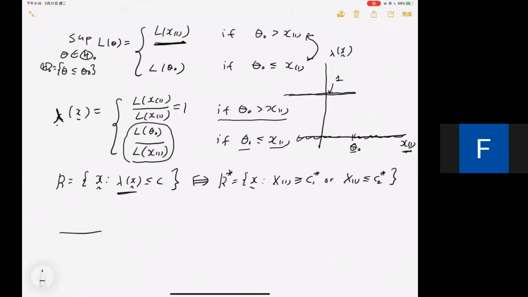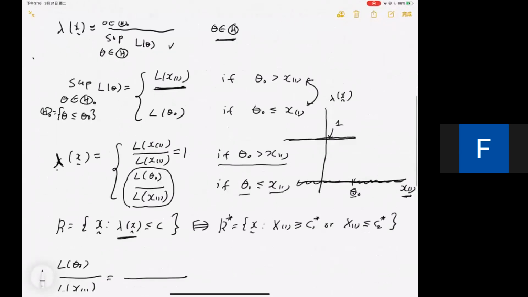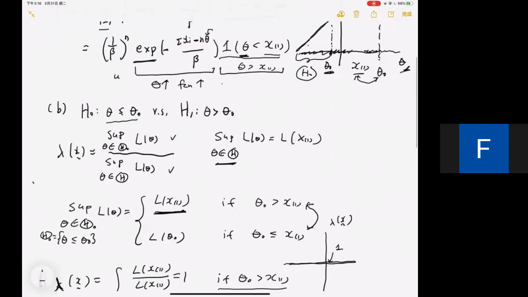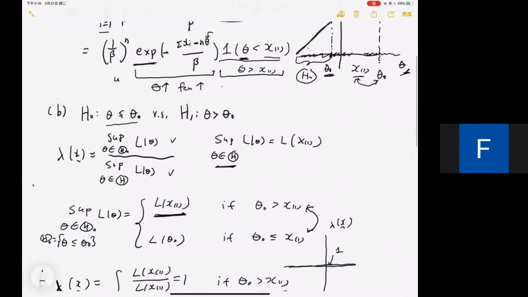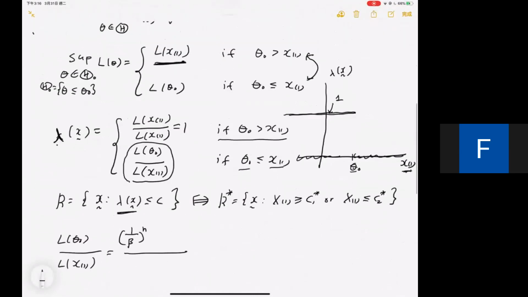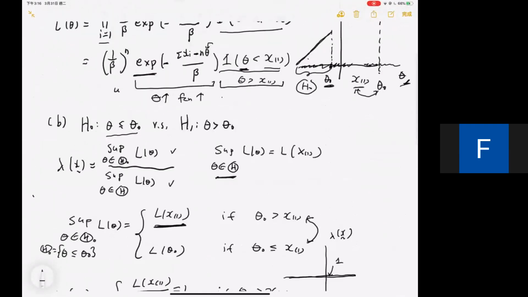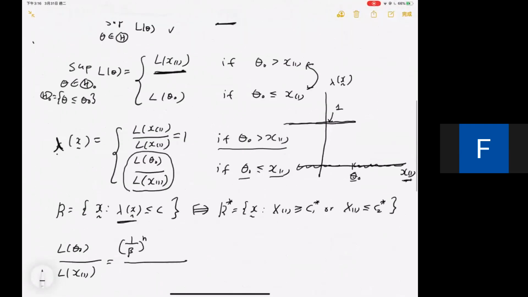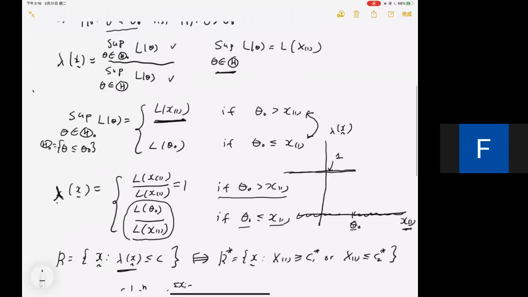So the ratio is L theta 0 divided by L x1. Of course, the function is what? Let me memorize it. 1 over beta to the power n, then exponential of minus beta summation xi minus n theta, right?